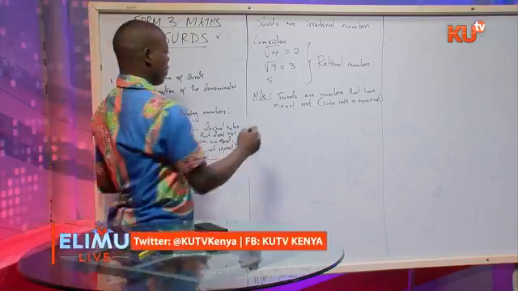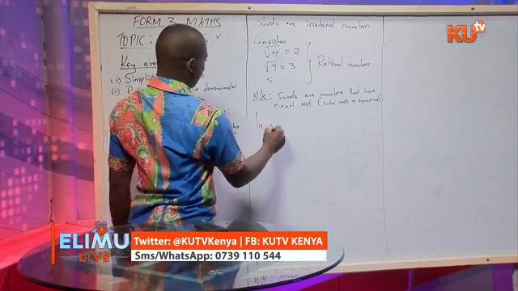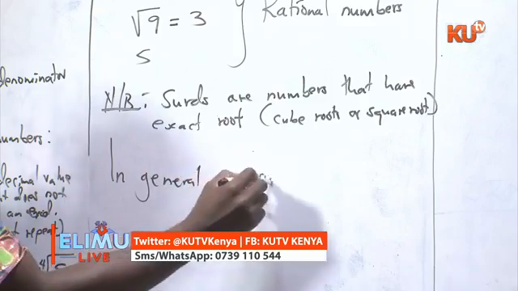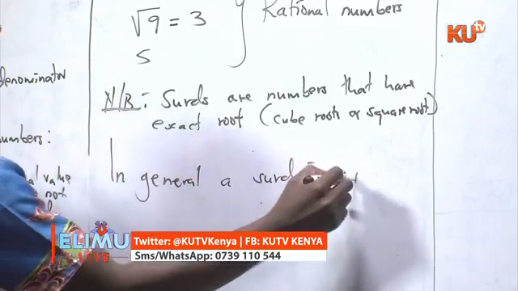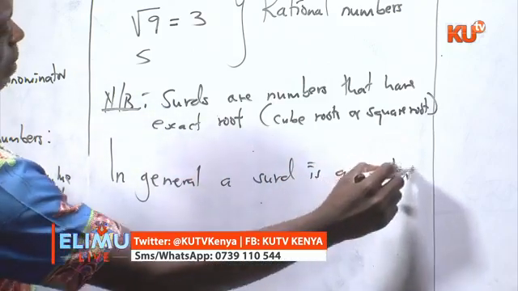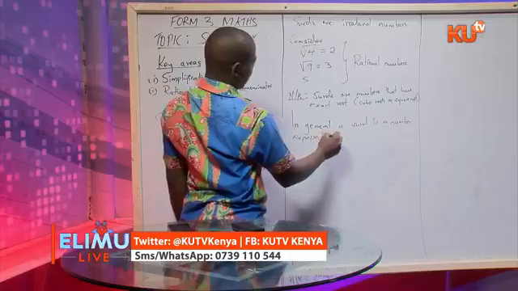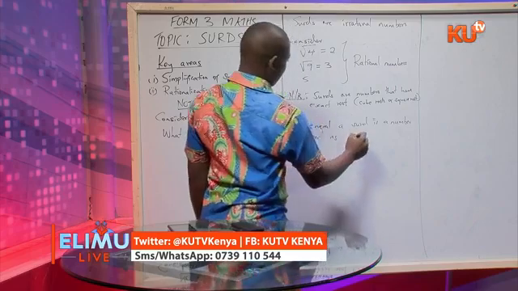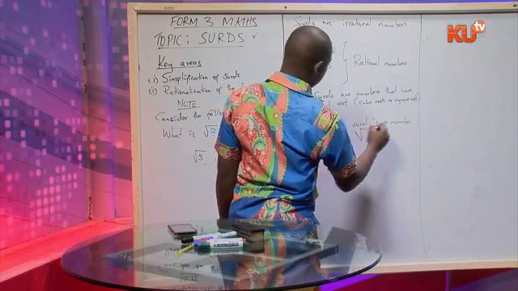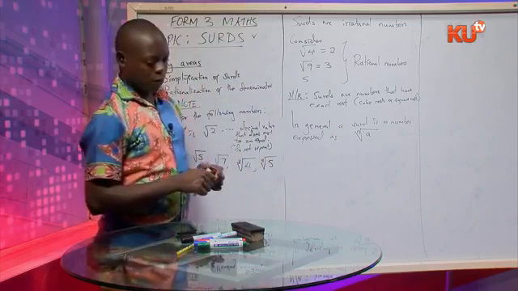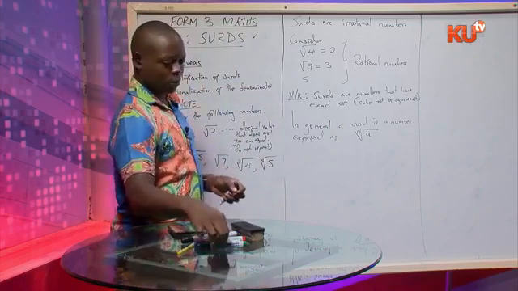And so in general, a surd is a number expressed as shown.